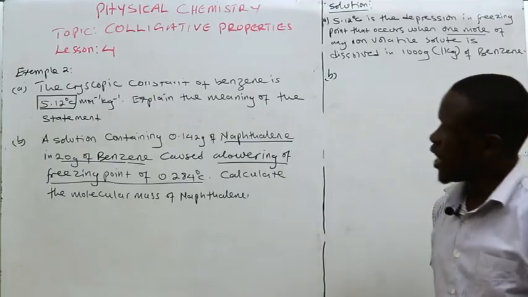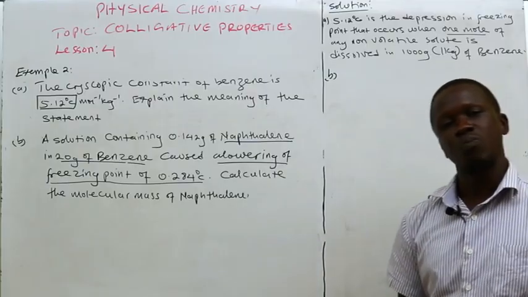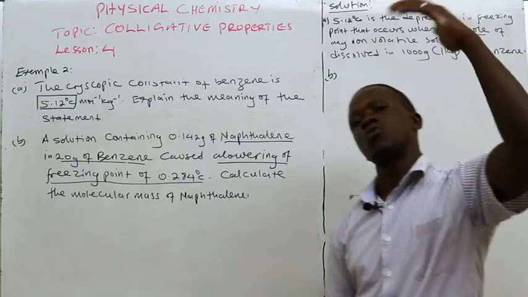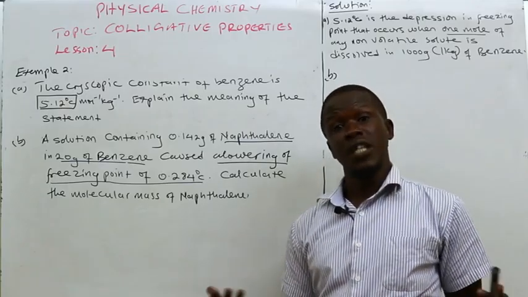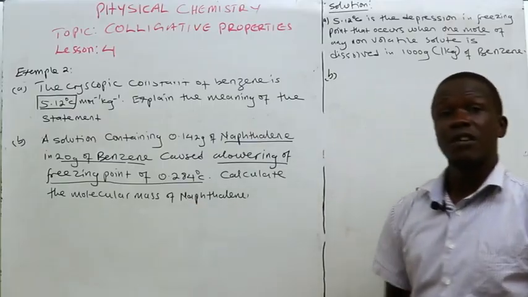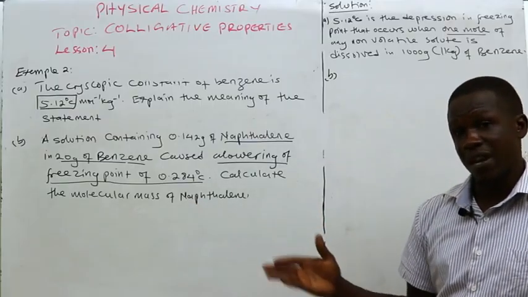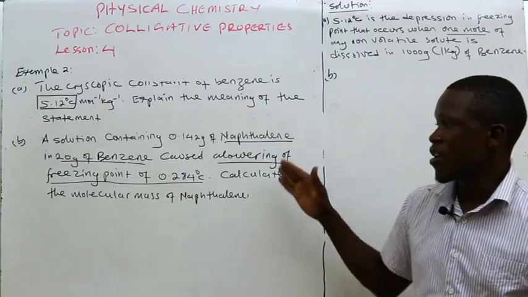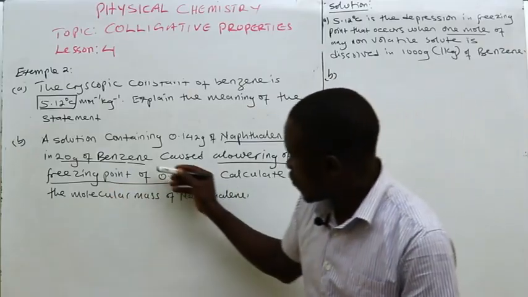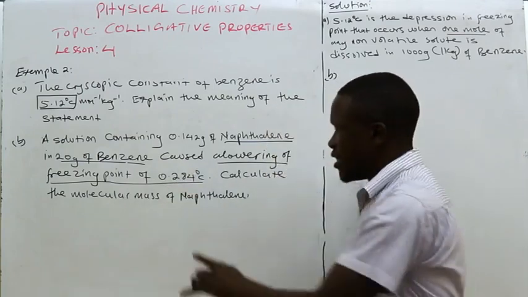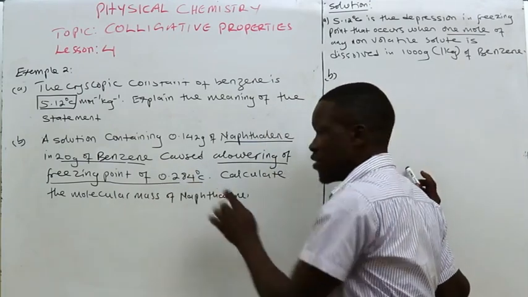In our question, they are not giving us the freezing point of the pure solvent, like in the first question in lesson 3, where we had the freezing point of water. Here, they are not giving us the freezing point of benzene, but they are talking about a lowering of the freezing point of. This preposition 'of' tries to tell you that this is the depression in freezing point.